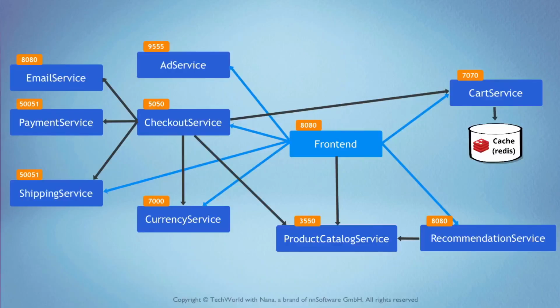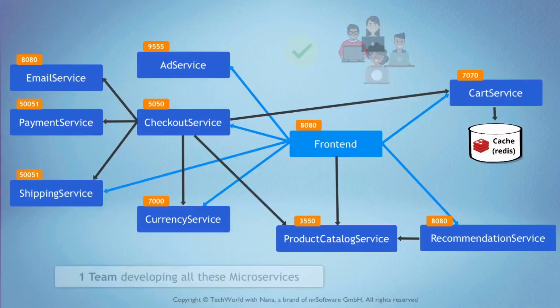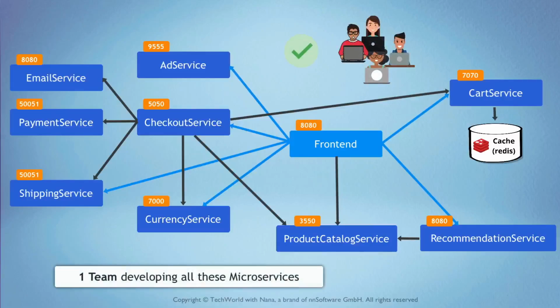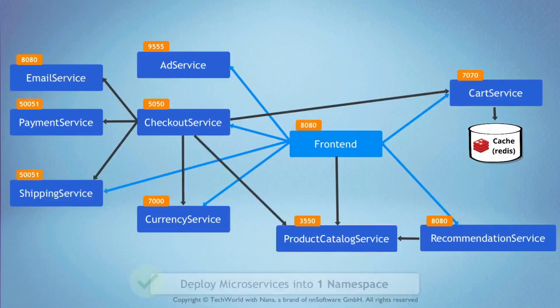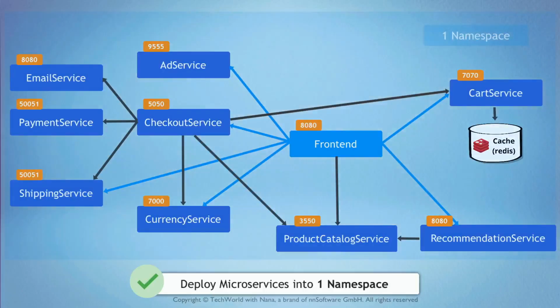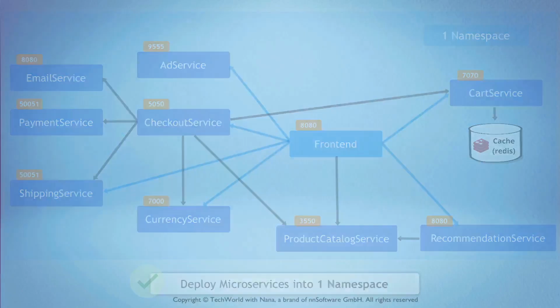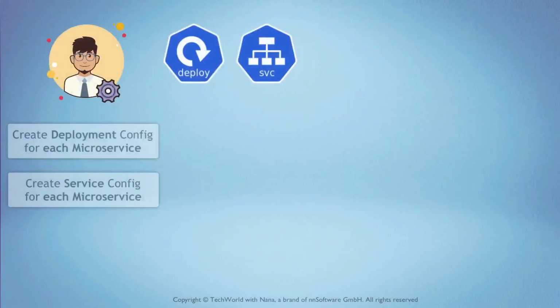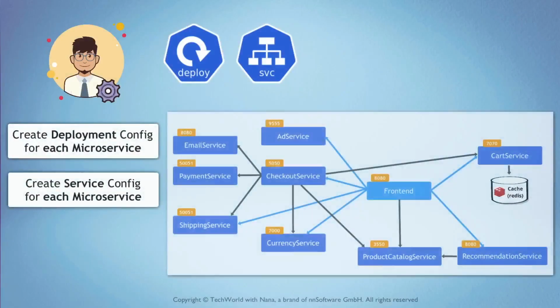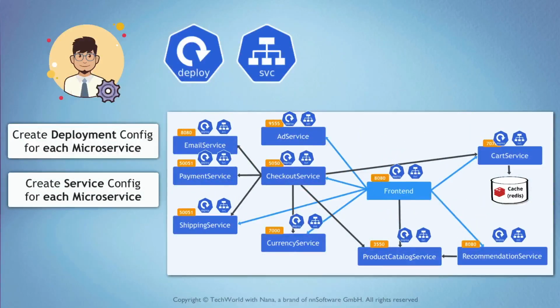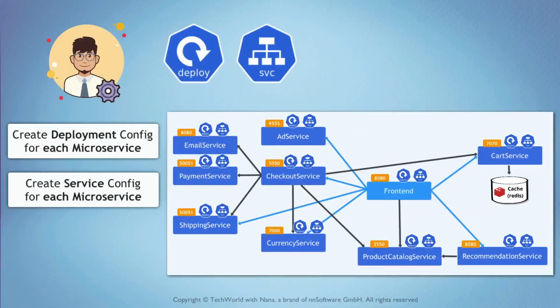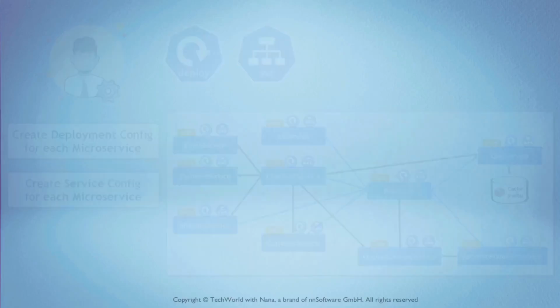And finally, developers also tell us that a single developers team is developing all the services. So we decide that all the microservices will get deployed into the same namespace. So now let's start creating deployment and service configuration files for each microservice and their dependent services.